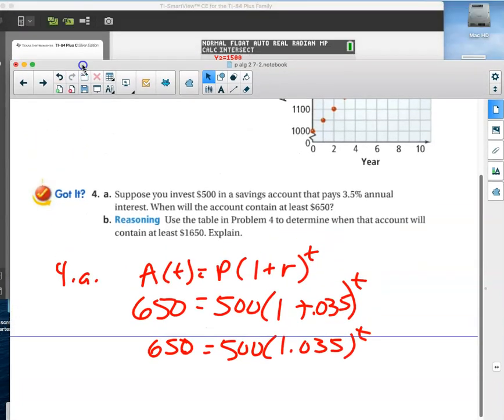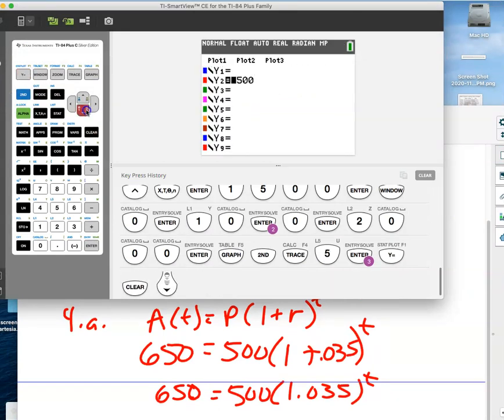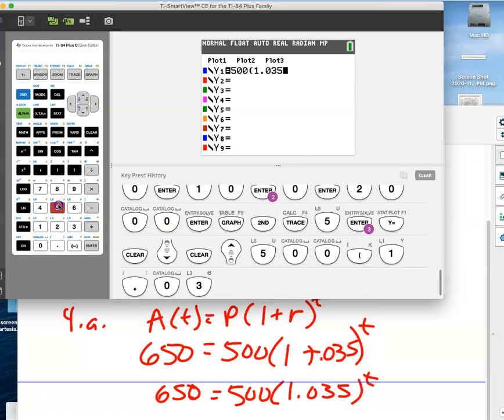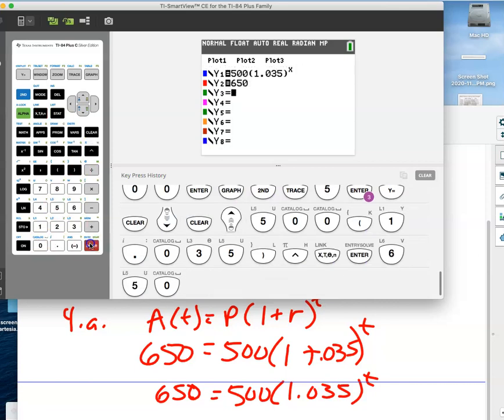All right, GC. Let's get this in here. We need 500, parentheses, 1.035, parentheses, to the x, and 650.